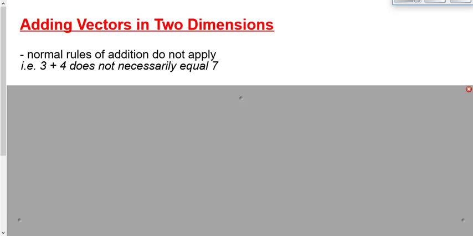When we're adding vectors together in 2 dimensions, it's not 3 plus 4 is 7, not 3 east plus 4 west is negative 1 or 1 west, but rather 3 north and 4 to the east is what?